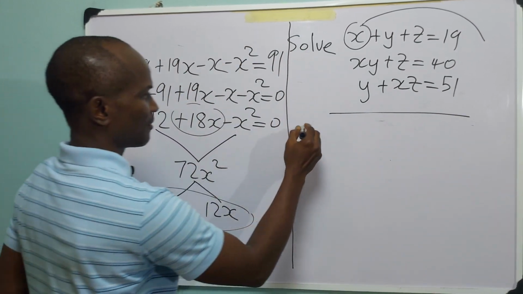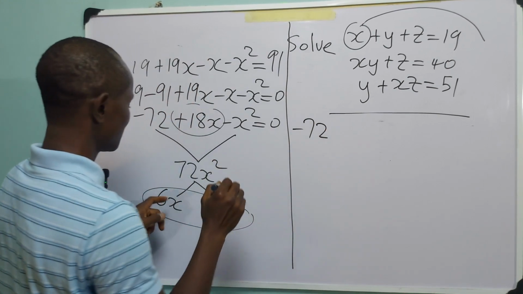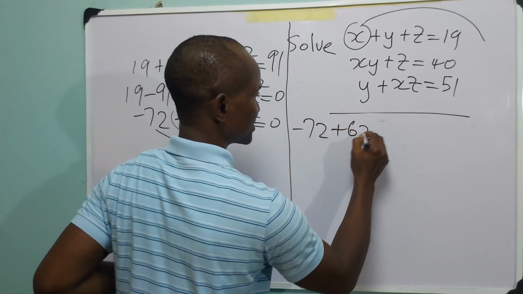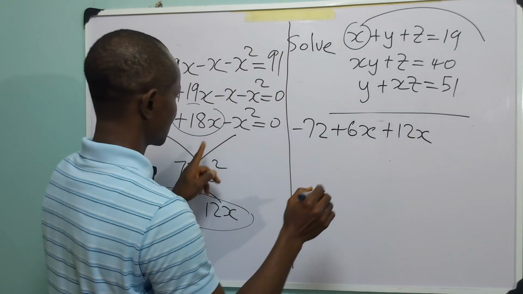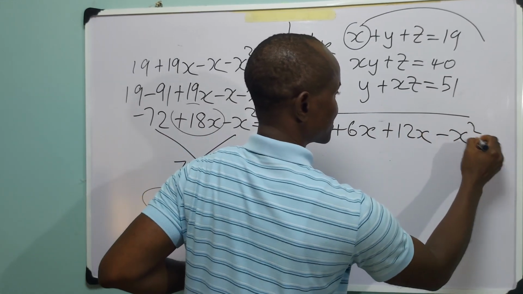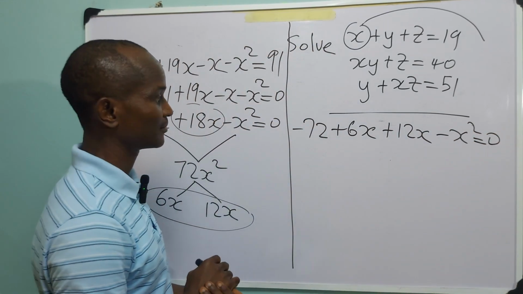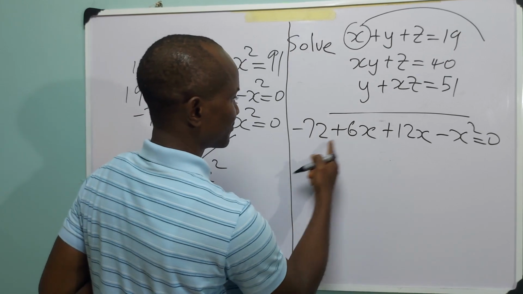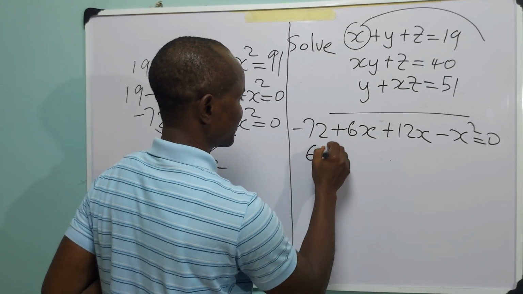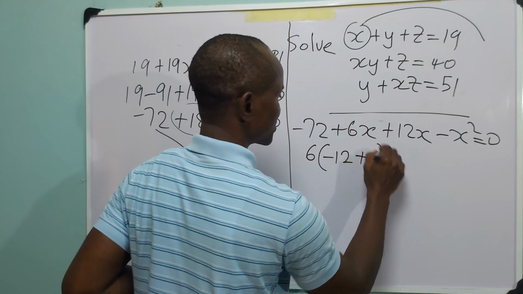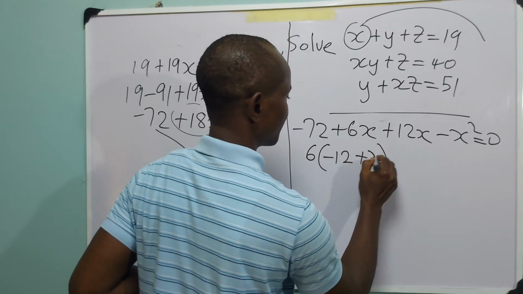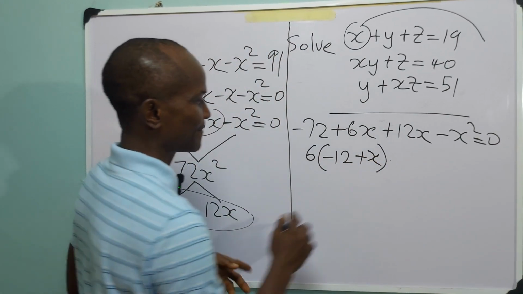So we have minus 72 plus 6x plus 12x minus x squared is equal to 0. Here, 6 can divide. So we have 6 into minus 12 plus x.